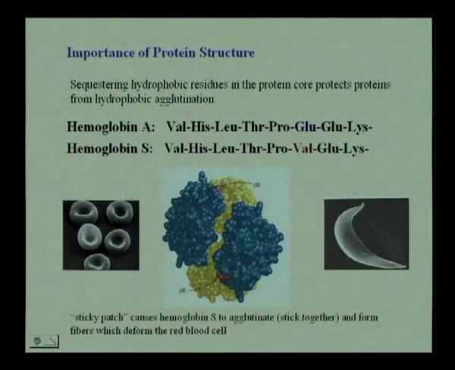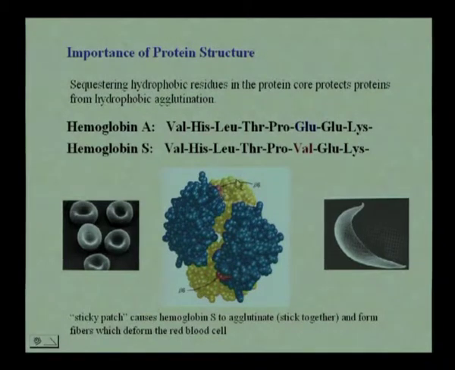So, what is happening here is, you see, this is hemoglobin, this is the beta chain, the blue ones are the beta, the yellow ones are the alpha. So, what do I have here? I have the quaternary structure of hemoglobin that is comprised of 4 subunits. 2 of them are alpha type, 2 of them are beta type. The one that is marked in red here is the valine.